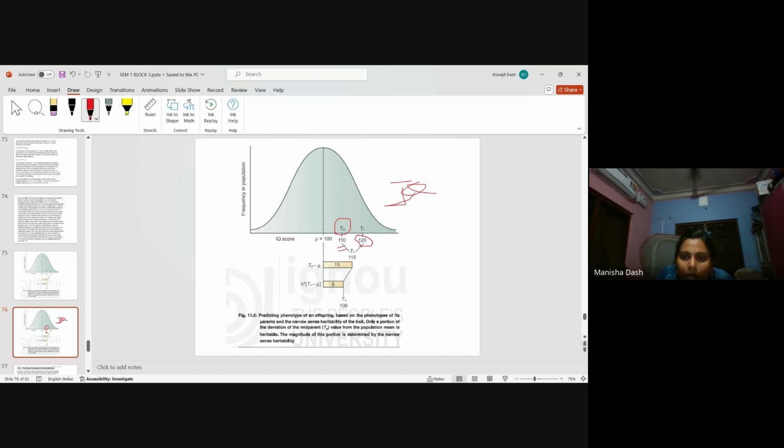So what should be the IQ of the offspring? It should be somewhere near 115, because we are predicting for a quantitative trait. IQ is a polygenic or quantitative trait, so the offspring should have an IQ of around 115.